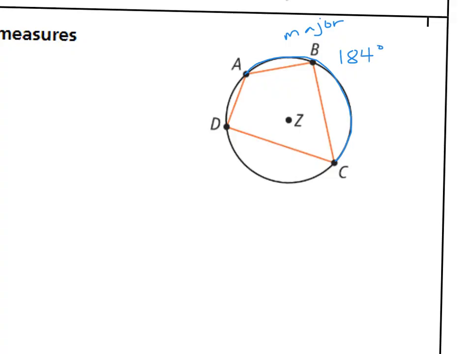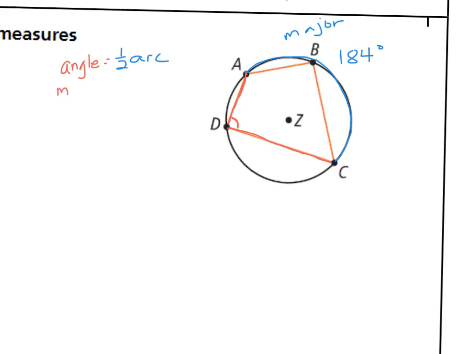Take a look at the angle that intercepts that arc. So if I use my other color, and if I go from A down to D, right there, and D over to C, that angle D intercepts that arc of 184. And that's one of the four angles we need to find on the inside of the quadrilateral. So the angle is half the arc, which we've been doing all along, no surprises there.